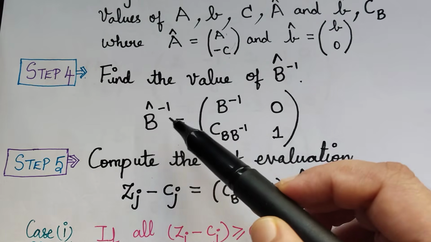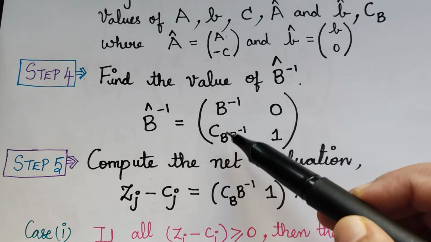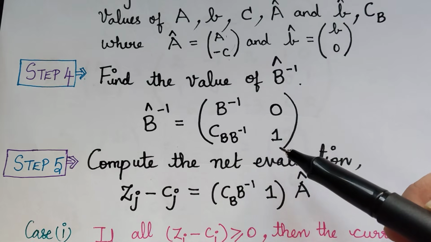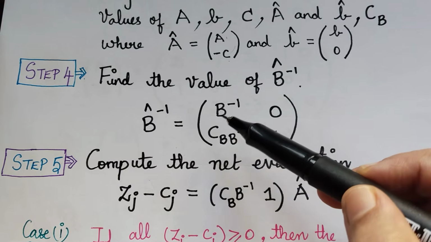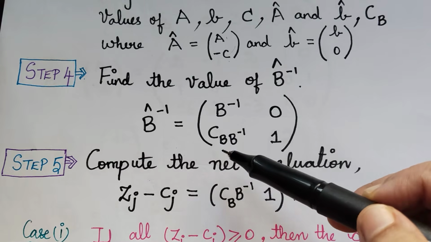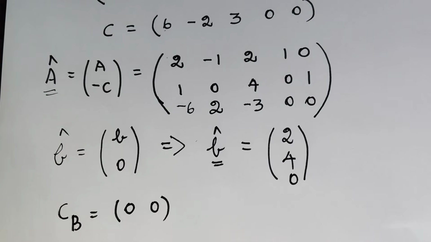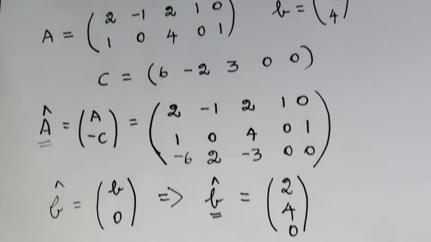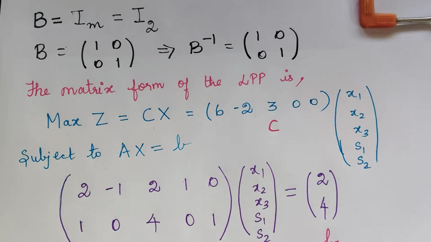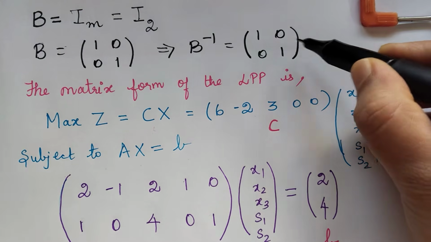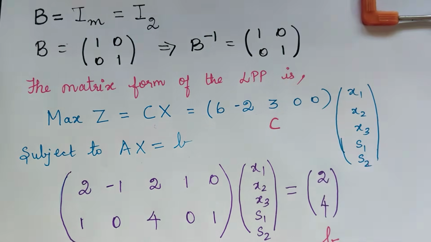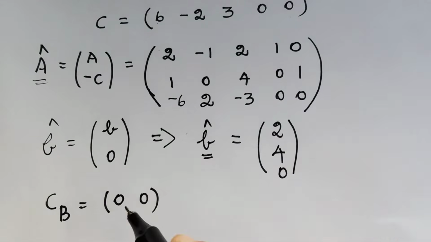So what is B cap inverse given as? Matrix B inverse, CB B inverse, 0, 1. So we already found B inverse, and now we have to find CB B inverse and then substitute over here. So let us see that. In order to find B cap inverse, first we should find CB B inverse. We know that B inverse is 1, 0, 0, 1, and CB is 0, 0.